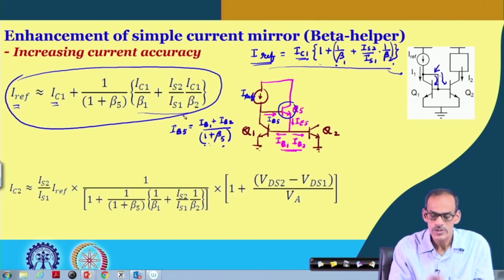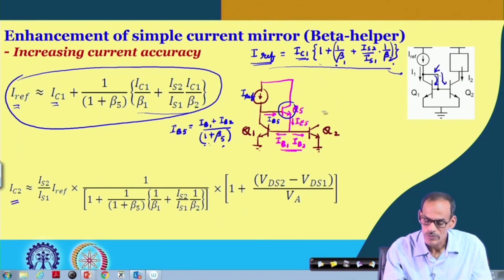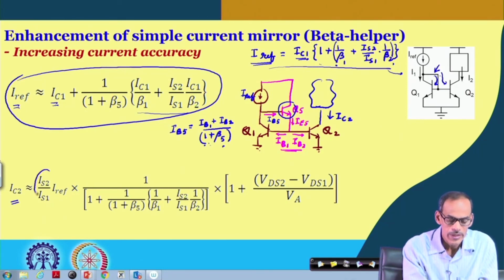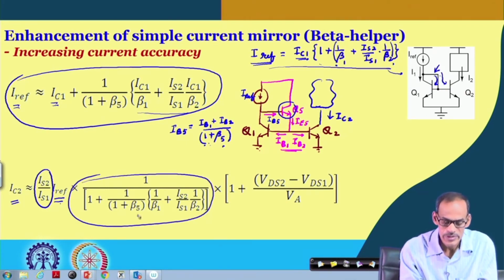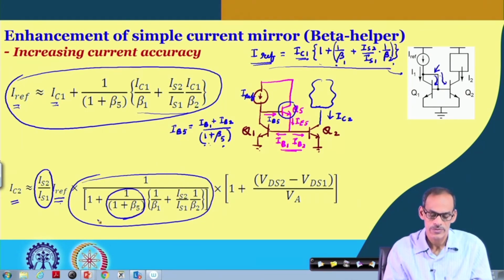So, what is its consequence? The final expression of this I2 or IC2, if I say this is IC2, and then we have the application circuit here, is IS2 divided by IS1 multiplied by I ref, and then this factor is getting improved by adding this 1 plus beta of transistor 5.